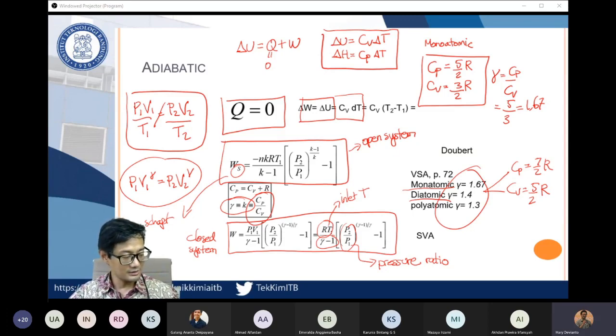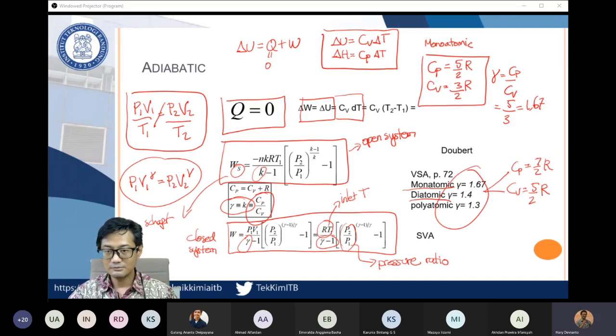The first one is related to gamma and K. In the closed system, most books will use this gamma term. But when you have an open system, most of the time they will change into K instead of using gamma. But the meaning remains the same. That is only to distinguish which one is an open system and which one is a closed system.